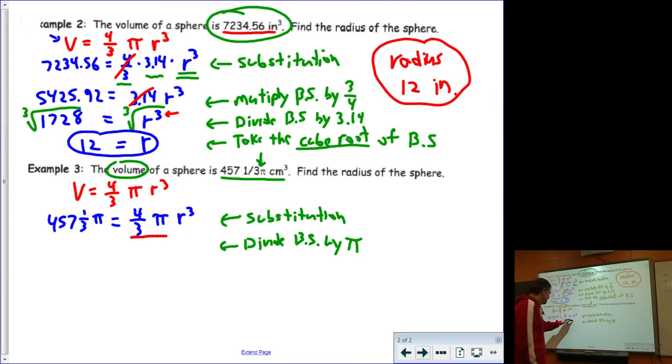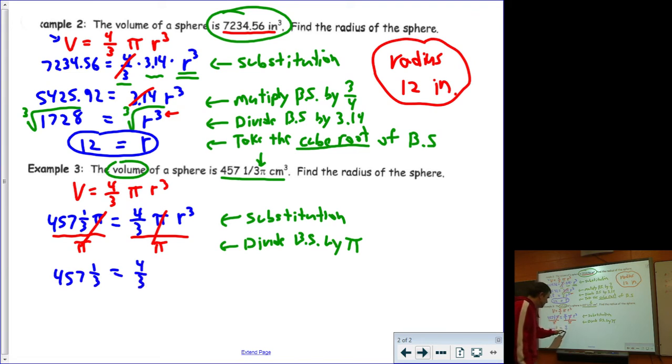So that might look like divide by pi, and it goes away. And I am left with 457 1/3 equals 4/3 r cubed.